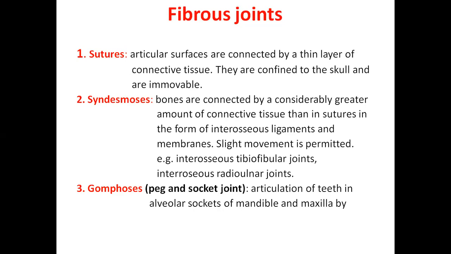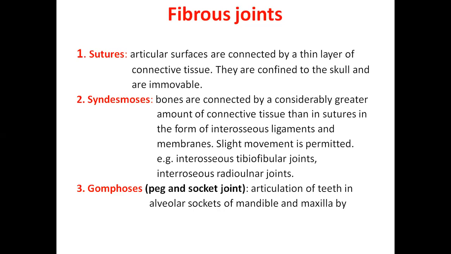Interosseous membrane means the membrane between the two bones. Os means bone. Examples of syndesmosis are the interosseous tibiofibular joints in the lower limb and interosseous radioulnar joints in the upper limb.